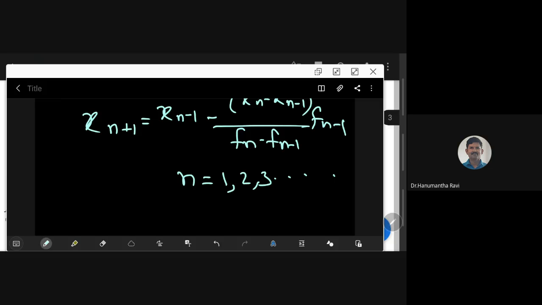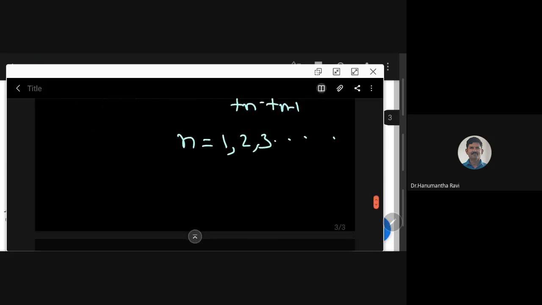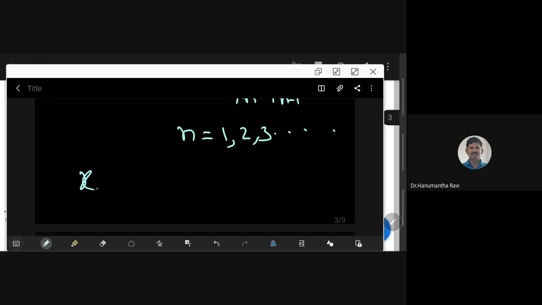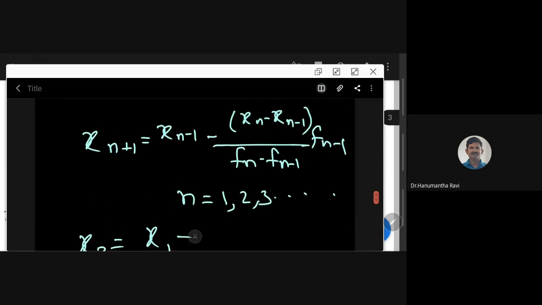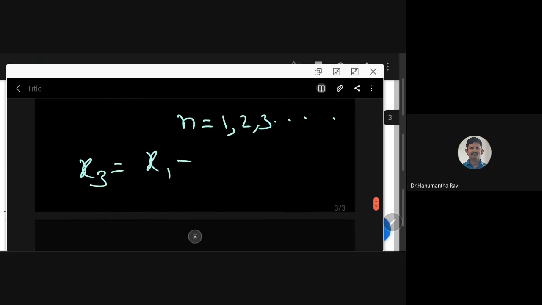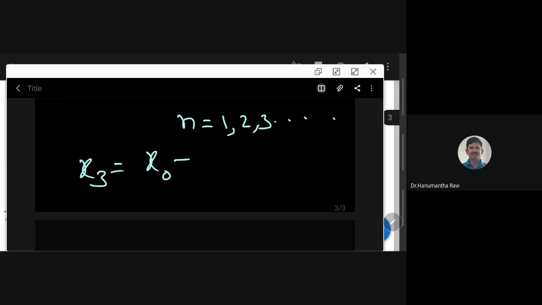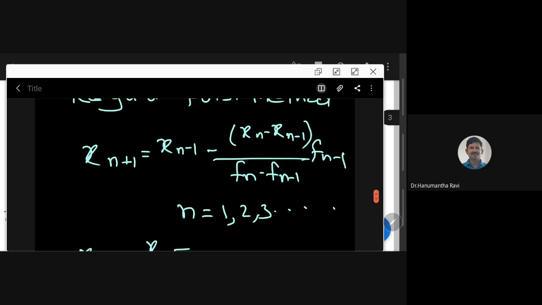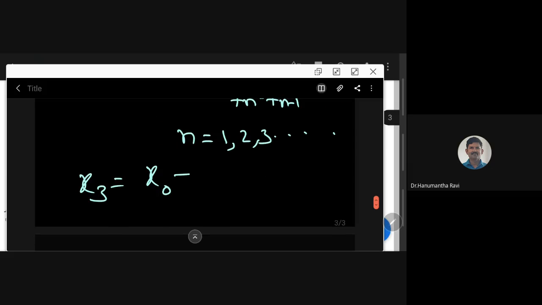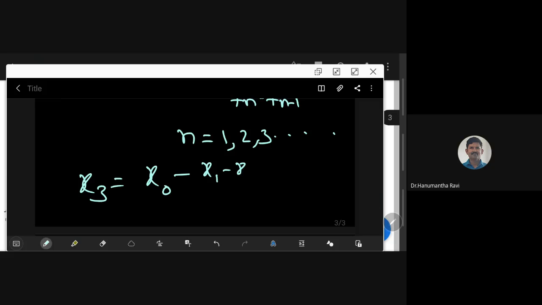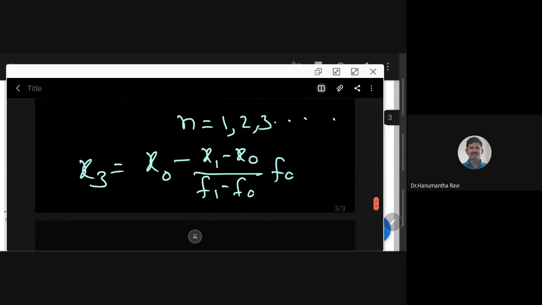If you take n as 1, what is the above thing becoming? x2 is equal to x1 minus, sorry, x0 minus x1 minus x0 by f1 minus f0 into f0. Right. So see here, what is x0?